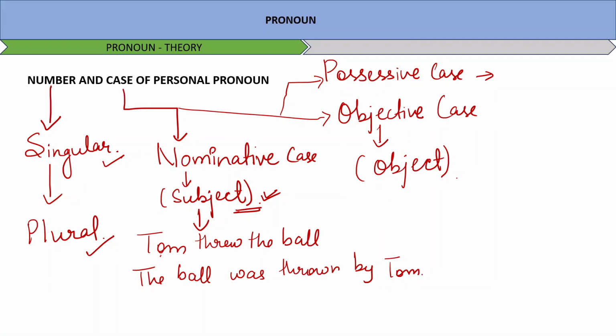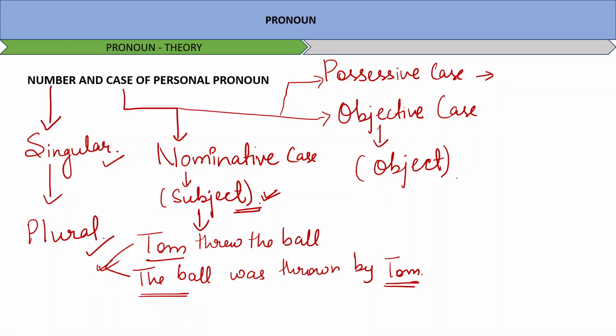In both sentences, Tom is the doer of the action. Definitely the ball is used in the place of a subject in the second. There are some changes, but Tom still remains the subject because he is the doer of the action. So the voice has changed, the way of telling the incident has changed, but the subject remains the same. So this case of Tom is nominative case.